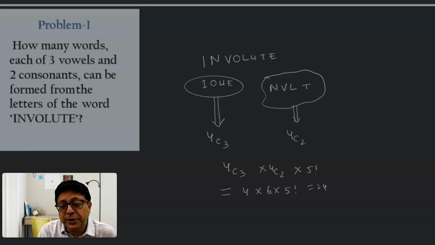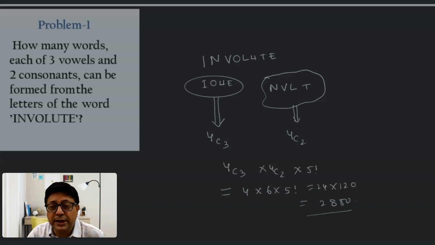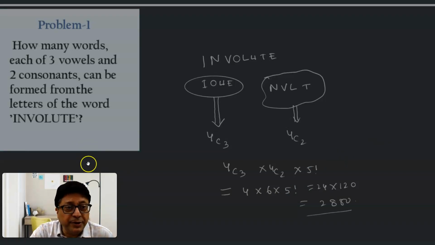So this is 24 into 120. 5 factorial, you know, is 120. So this is going to be 2880. The total number of words formed using the letters of the word involute, taking 3 vowels and 2 consonants, is equal to 2880.